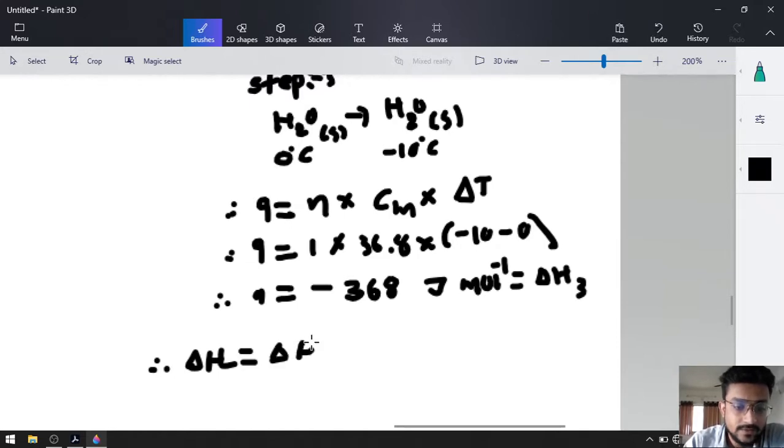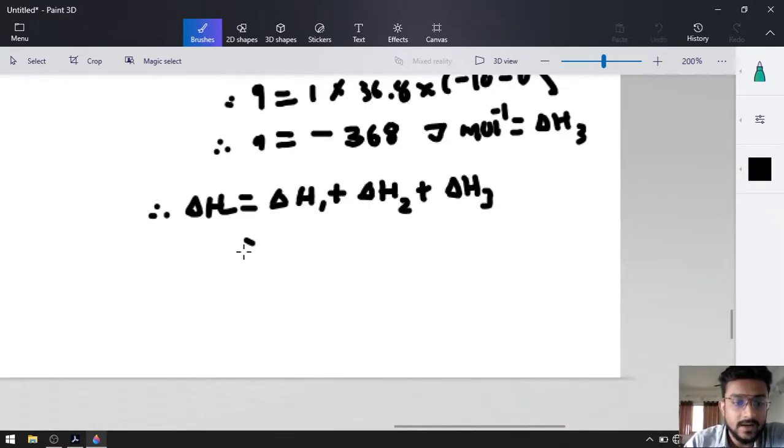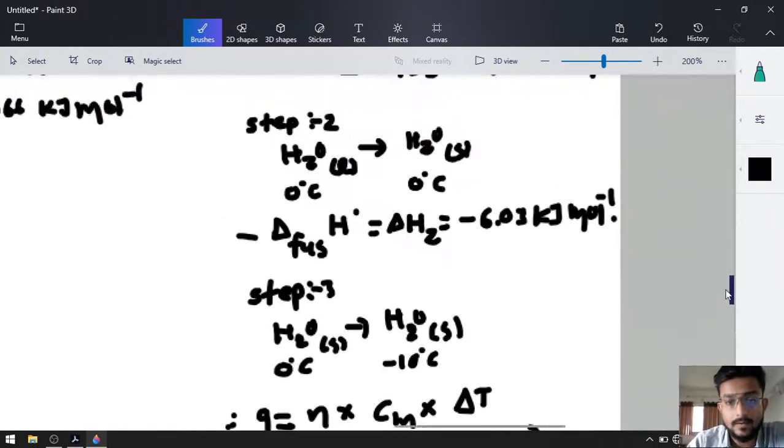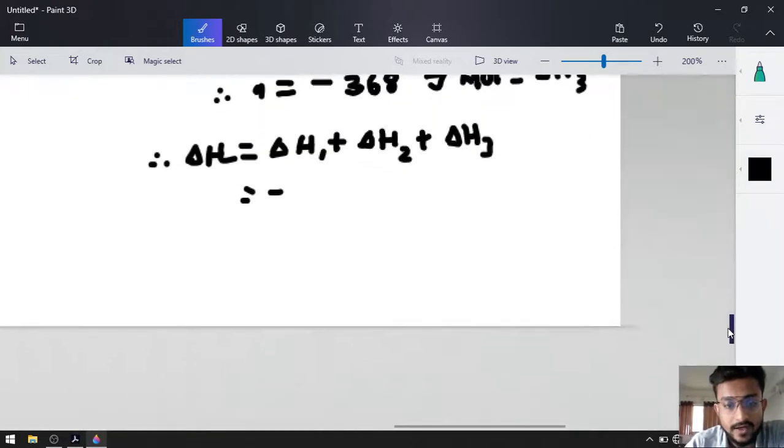So delta H1 plus delta H2 plus delta H3, and every one of them is negative. Now delta H1 is minus 750 joule, but we want the kilojoule value, so divide by 1000, 0.753 converted into kilojoule.